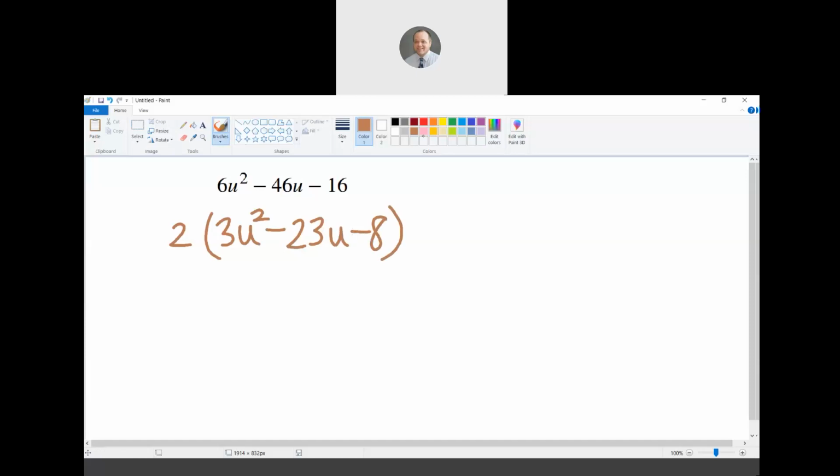Now move on to the next step. Multiply your outer numbers. In this case, 3 times negative 8, and that gives us negative 24.